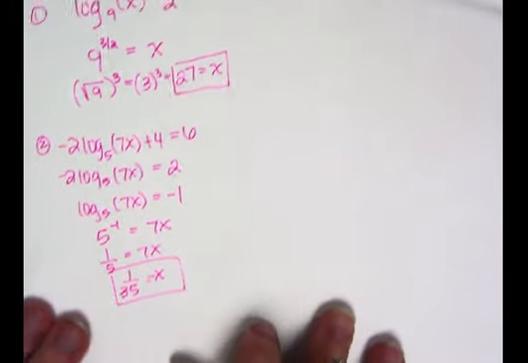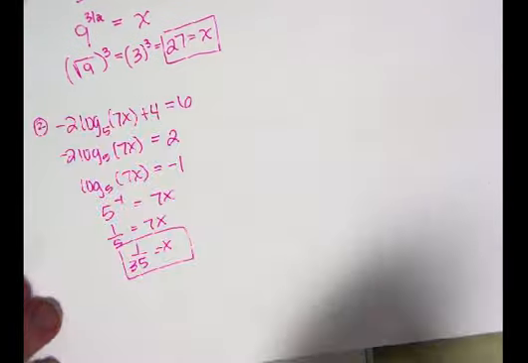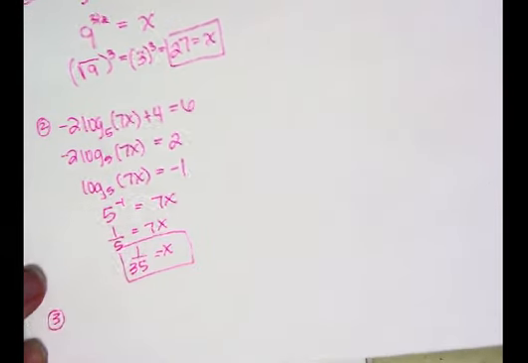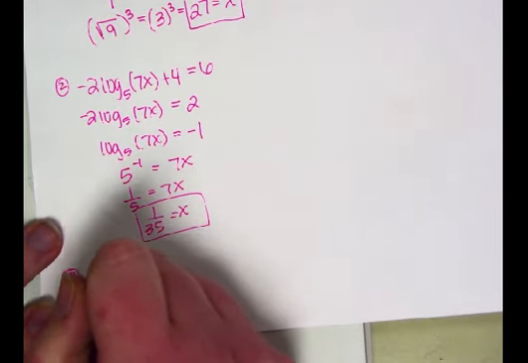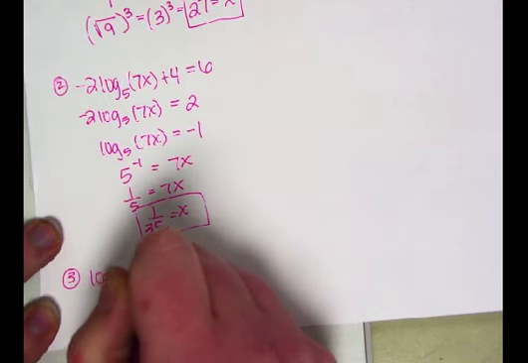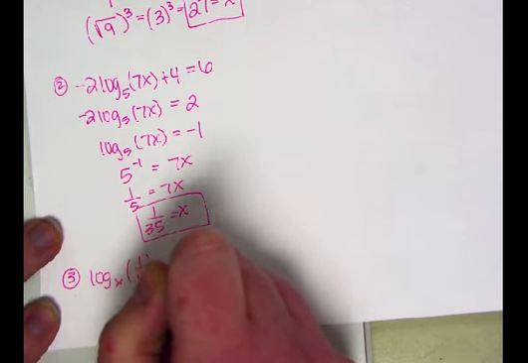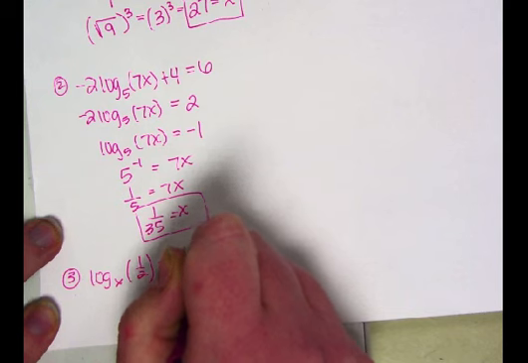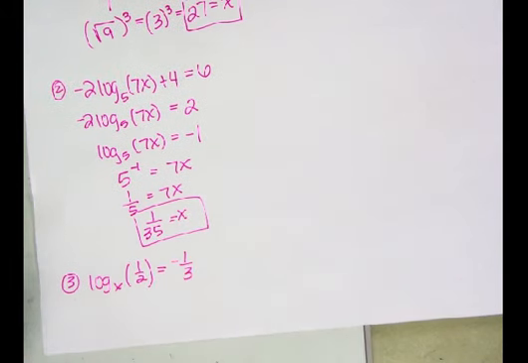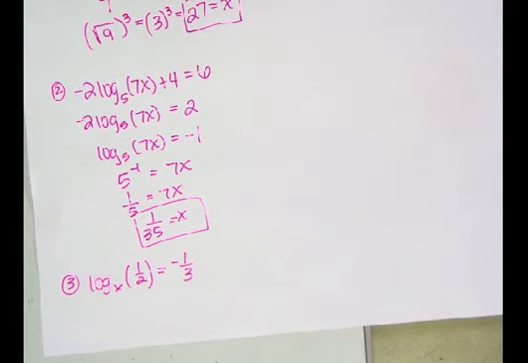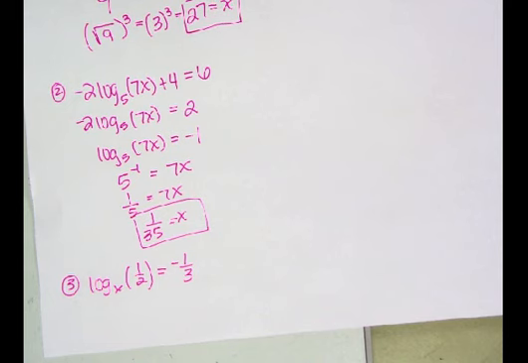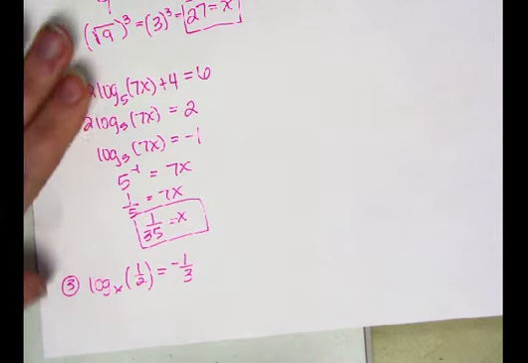Okay. Last one for this. Don't have much room. Log base x of 1/2 equals negative 1/3. The log is already isolated, so we're going to switch forms.